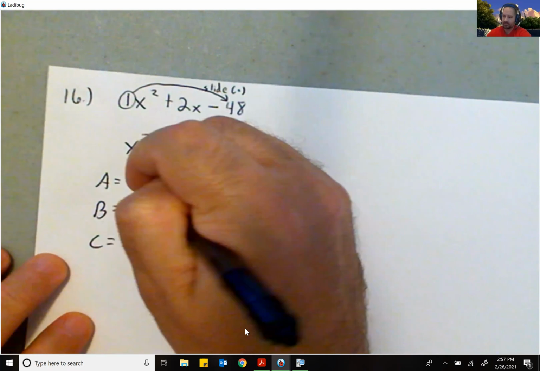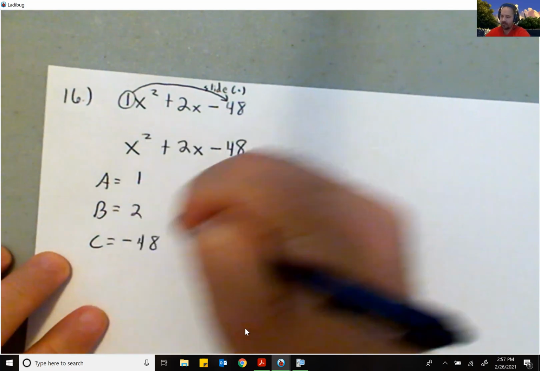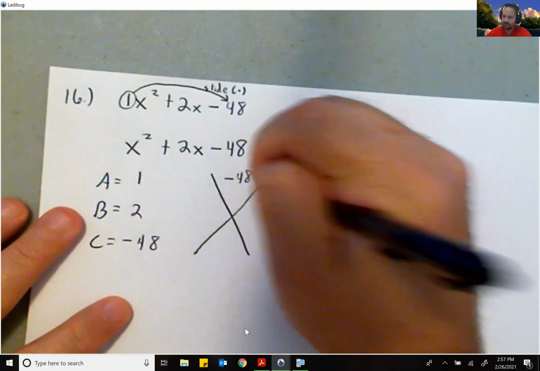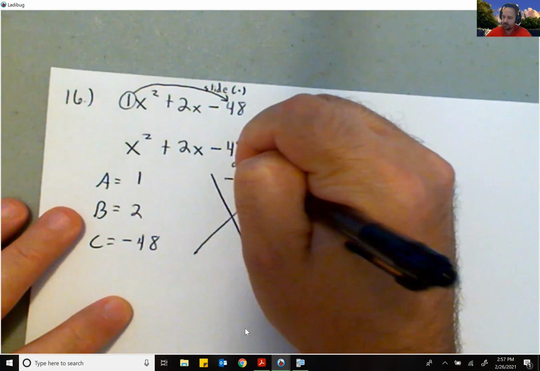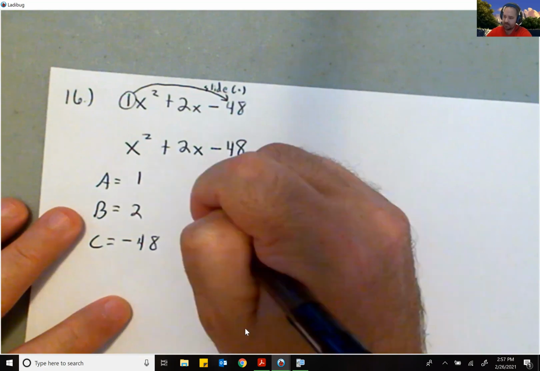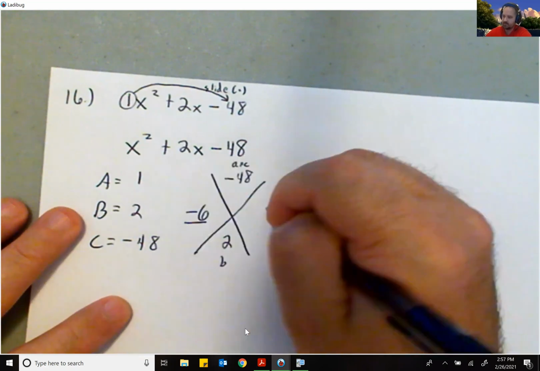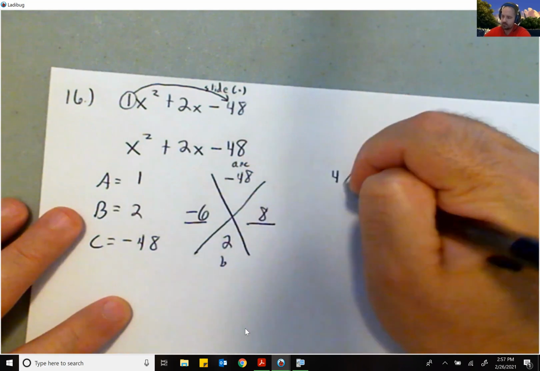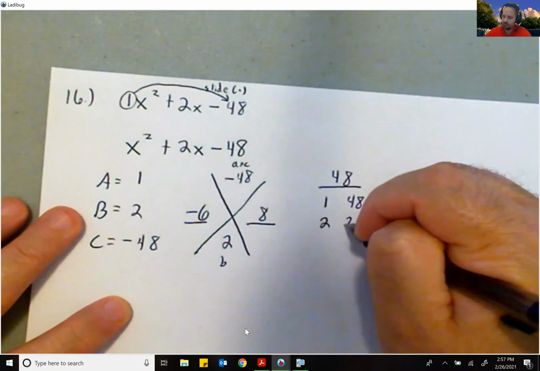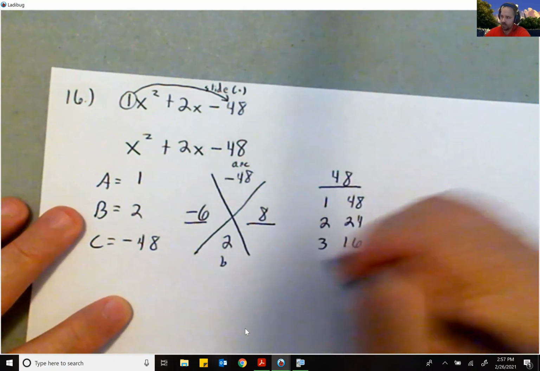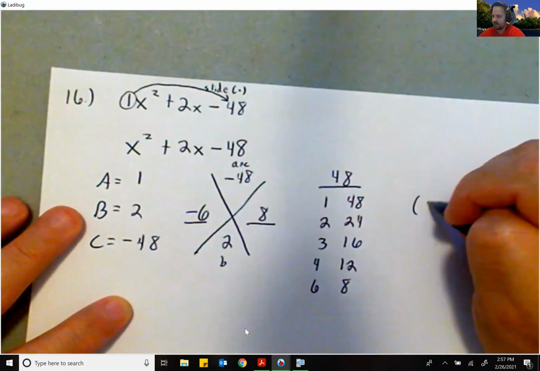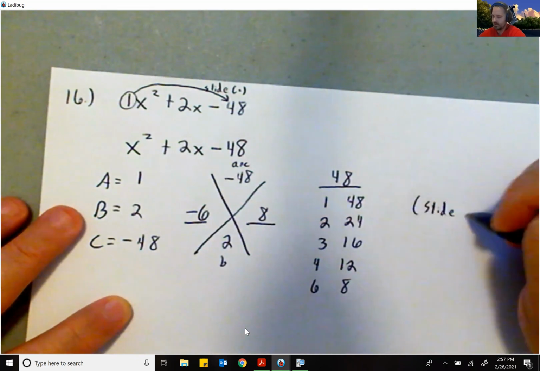And we already know what the answer is, so we don't have to do anything new here, because that's A times C. This is your B. We already know that this is going to be -6 and 8. 1 and 48, 2 and 24, 3 and 16, 4 and 12, 6 and 8. This is the slide and divide.